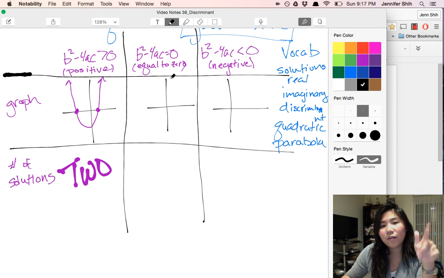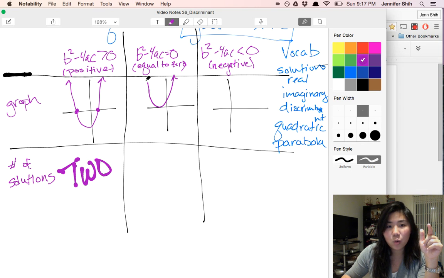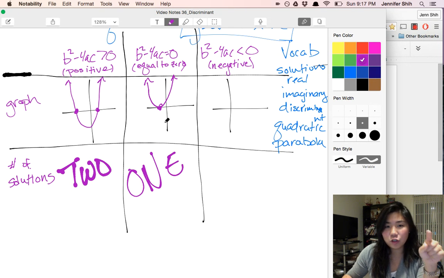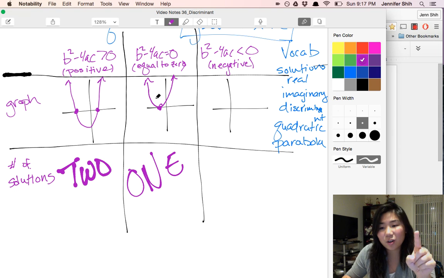When we have the discriminant equal to 0, we have exactly one solution. When the discriminant is equal to 0, we're going to have exactly one solution. This is what it looks like on a graph, and this is the word one written out very big.